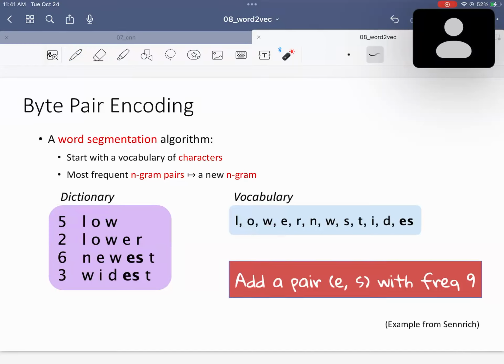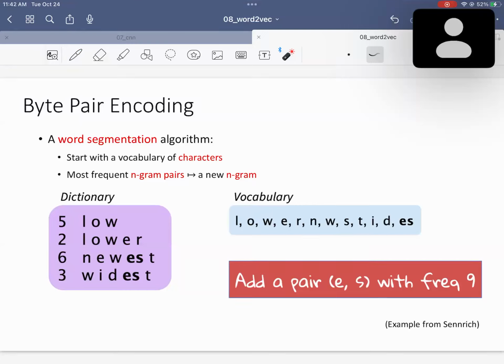Out of all the character pairs, ES happens to occur 9 times. For example, LO occurs 7 times, OW occurs 7 times. What else? I don't see anything else. But ES occurs 9 times.